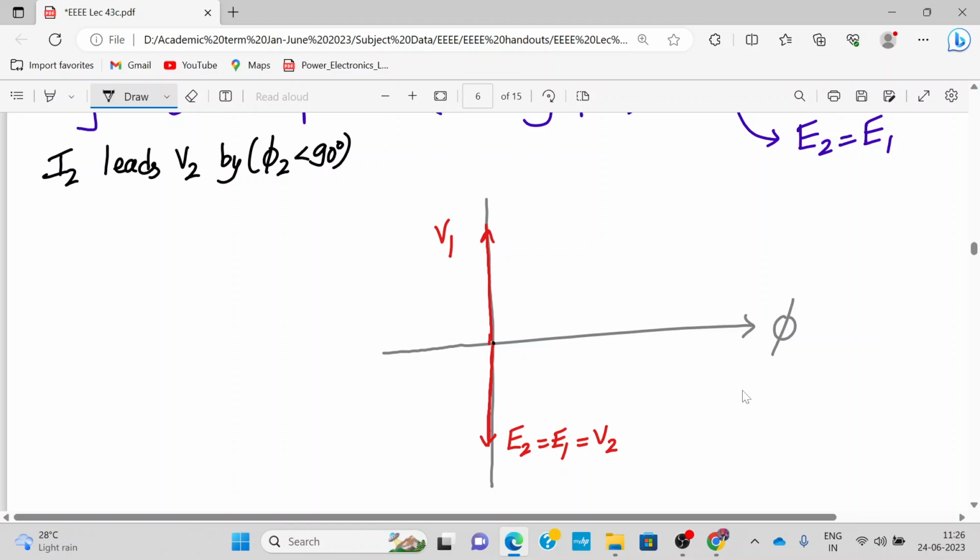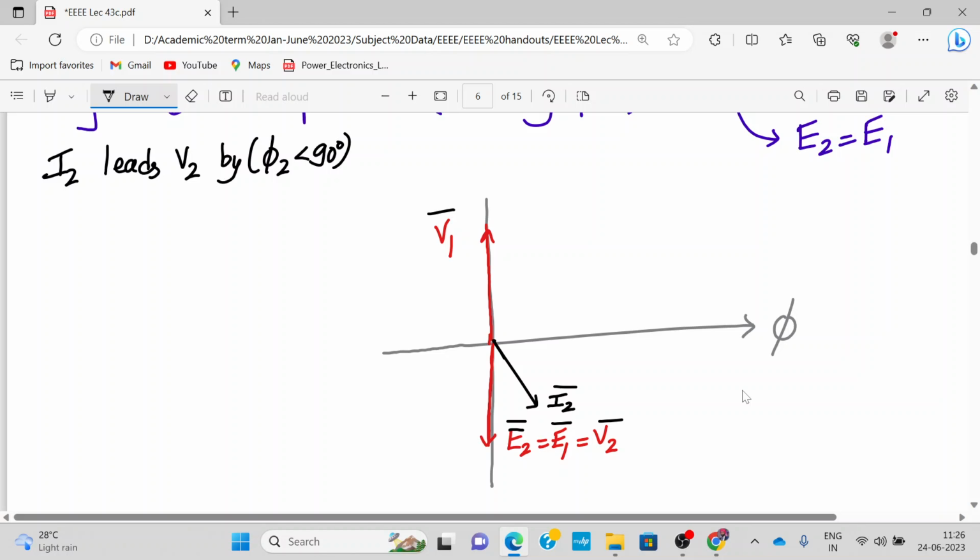Let's draw it again. Let me call it I2 bar. This is E1 bar, and this is I2 bar.